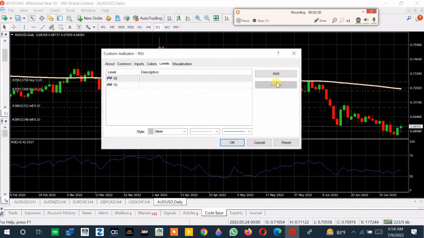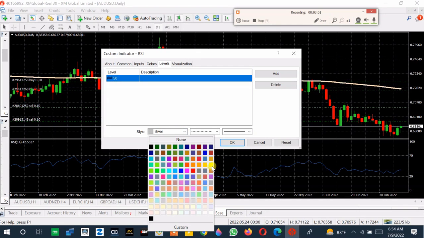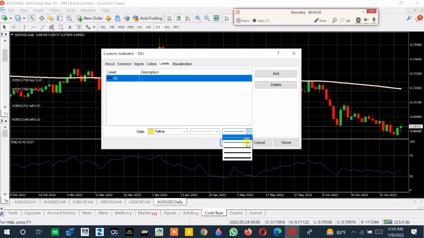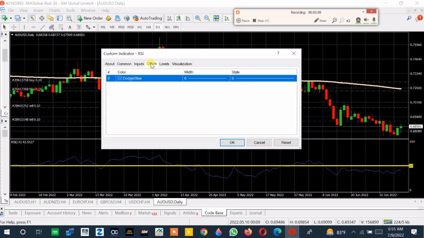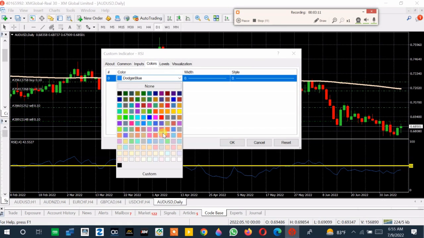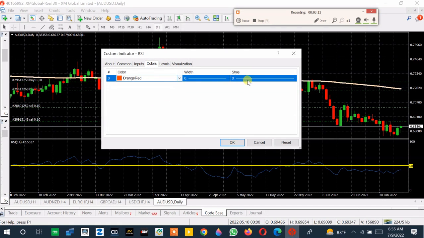We don't need this level. We add 150, and the color is yellow as my preference. And this color I made red, or you can choose by yourself, no problem.